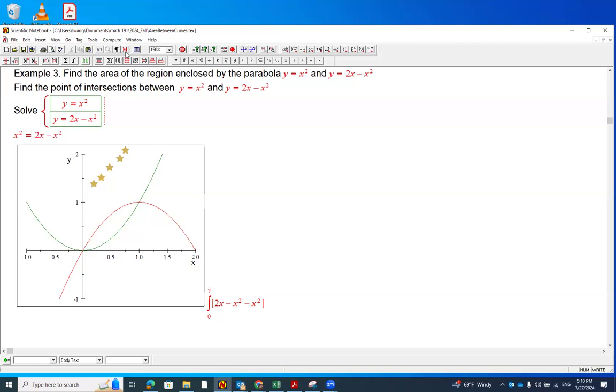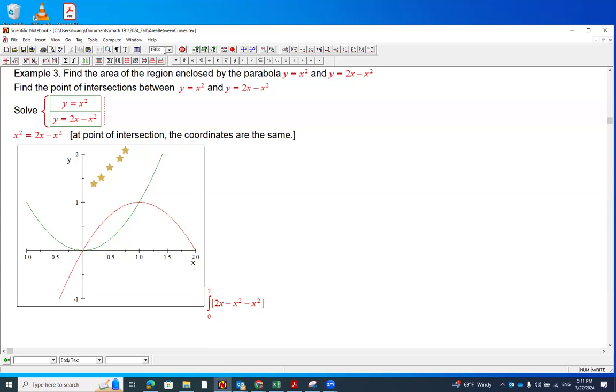Okay, so let me write down the argument. At the point of intersection, the coordinates are the same: x equals x, y equals y.